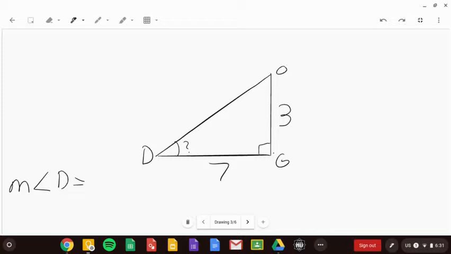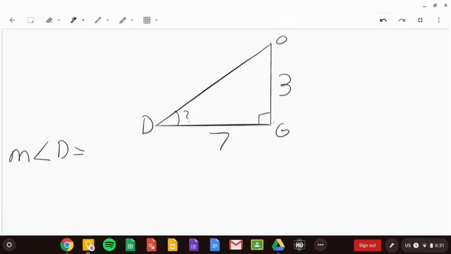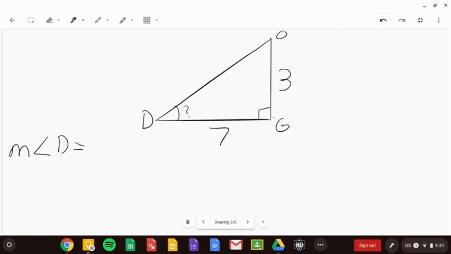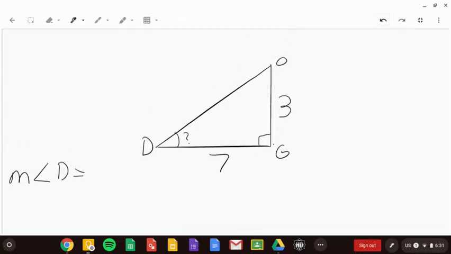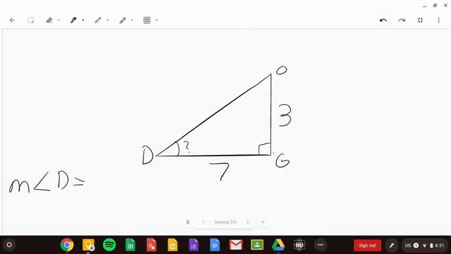So now that I've drawn it out, we're going to try to find angle D right here. To find that, we have to figure out what we have. Obviously we have the 90 degrees, then we have two sides. We could solve for the hypotenuse if you wanted to, but that's just a longer way of doing it.